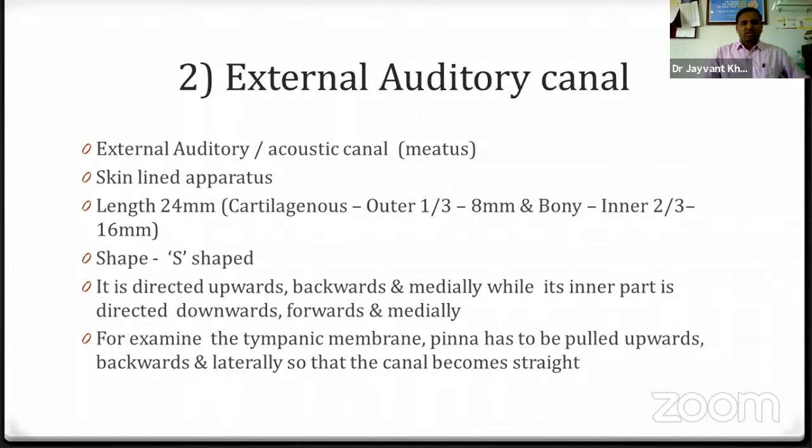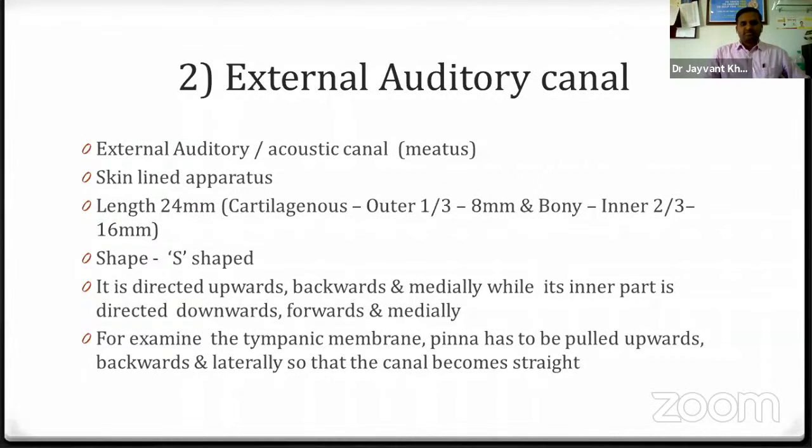The outer part is directed upwards, backwards, and medially, while the inner part is directed downwards, forwards, and medially. For examining the tympanic membrane, the pinna has to be pulled upward, backwards, and laterally, so that the canal becomes straight.